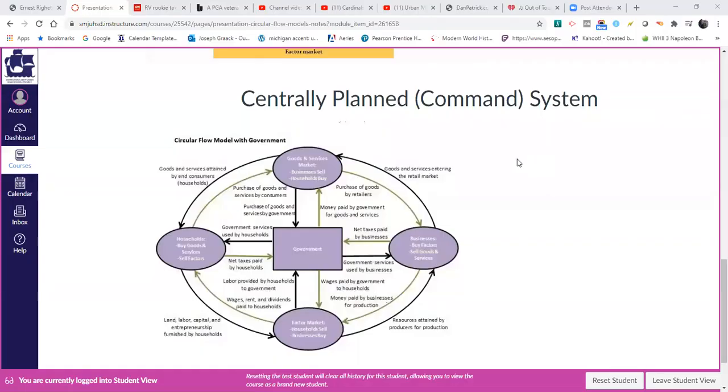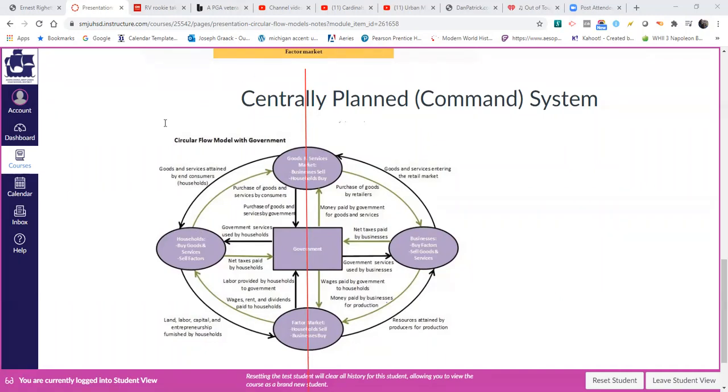Okay, so an essentially planned system, again, we're going to have a product market and a factor market. So if we divide this in half again, and let me get a better color because that's not really showing up very well. Red. Okay. So in a centrally planned or command economy, we'll have the same thing.